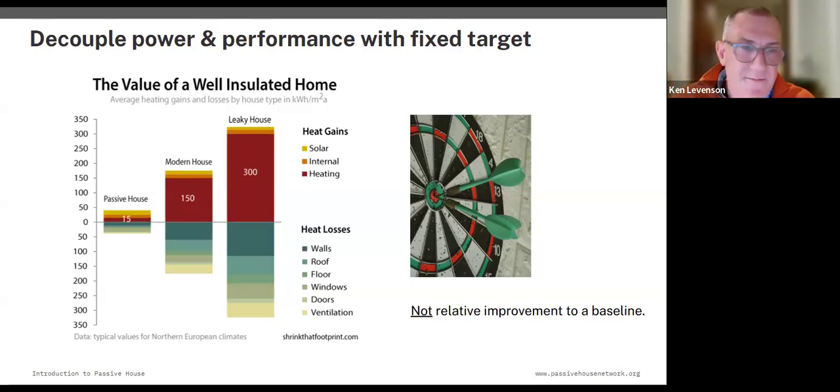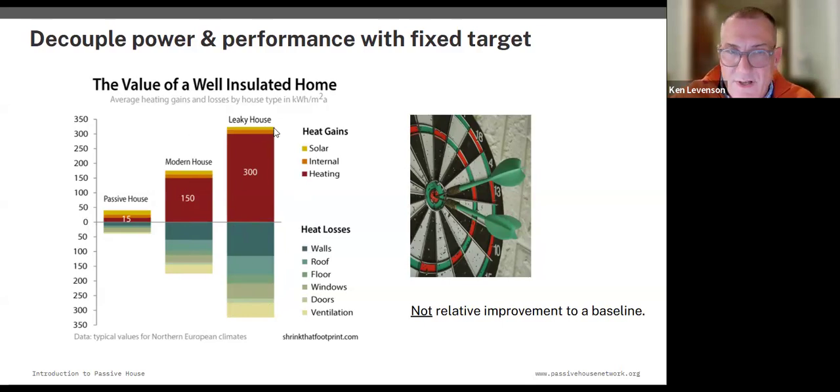So in a Passive House, we look at this diagram on the left, where we have equilibrium, zero, in the middle between losses. This is a heating climate diagram, but it could be a cooling climate or wherever. Then you need to make up the losses with gains.